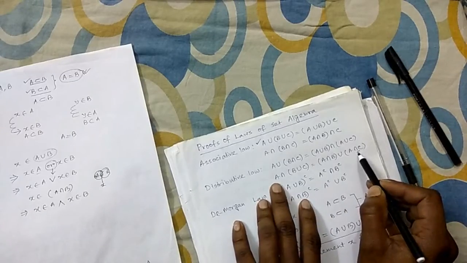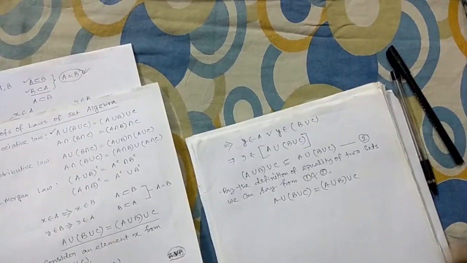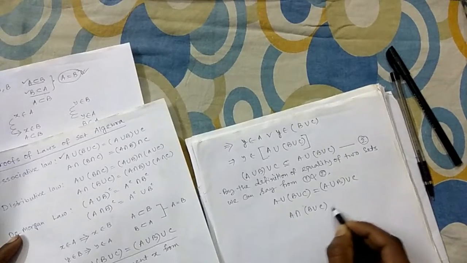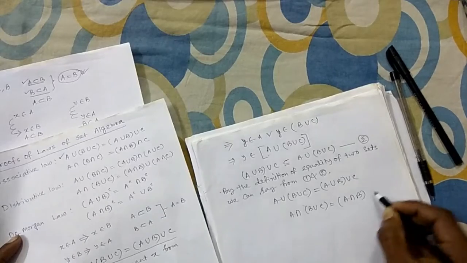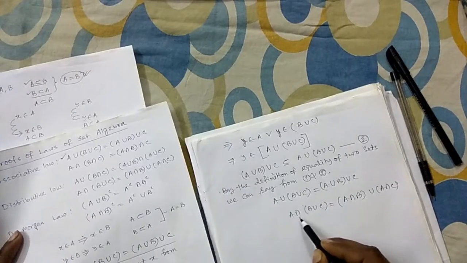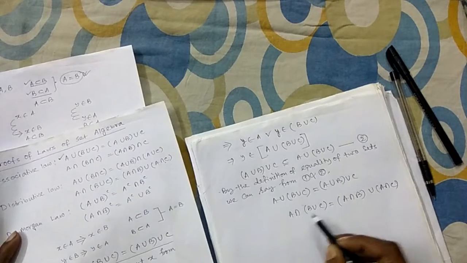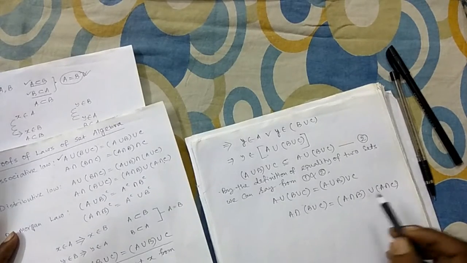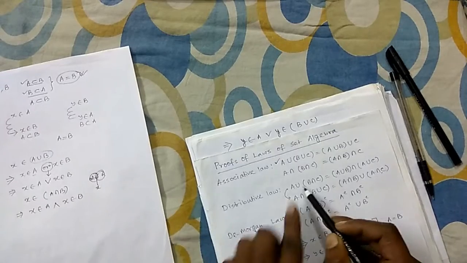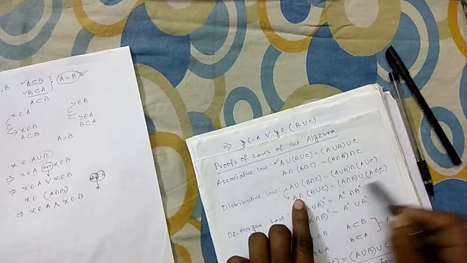Now I will prove it in the case of the second case. We will prove now A intersection B union C equals, sorry, A intersection B union A intersection C. Actually, if all the unions in this set are replaced by intersection and all the intersections are replaced by union, then you will get this set, right?